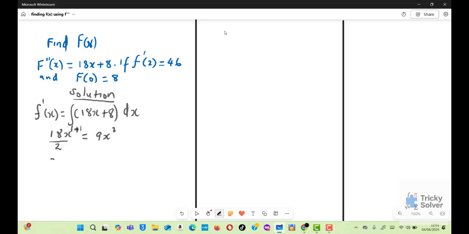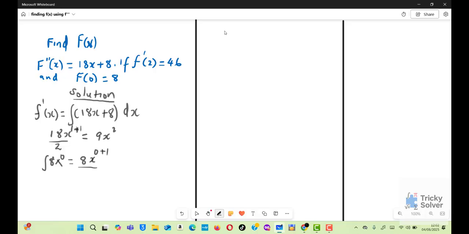When you come to 8, technically we have x here, but the power of x is 0, because any number raised to the power of 0 is 1. So if we multiply 8 by 1, it's still 8. So 8x to the power 0 is the same as 8. When you integrate this, we add 1 to the power, then divide by the new power.